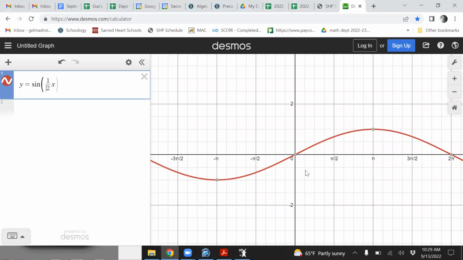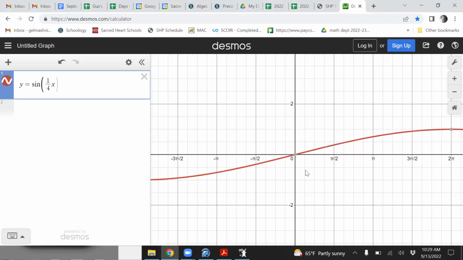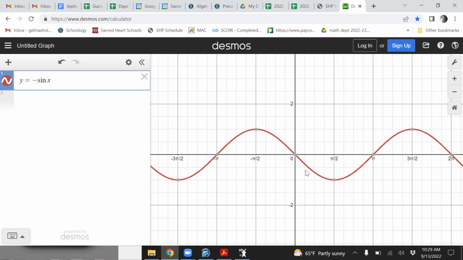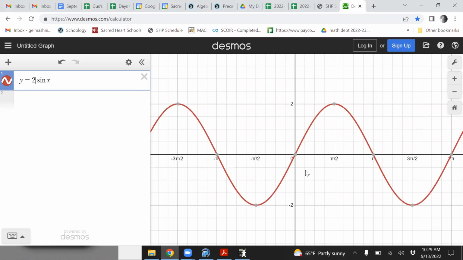The cycle gets longer, right? Cycle gets even longer. If you do put a negative out front, it flips. We should know this from algebra 2. That's why transformations is so heavy in algebra 2, because it's a big part. By the time you finish trig, you guys will be cool at transformations. If you're iffy on transformations, you'll get better with it by the time you finish trig.